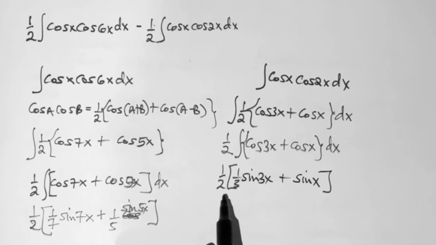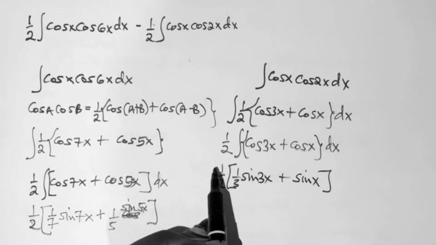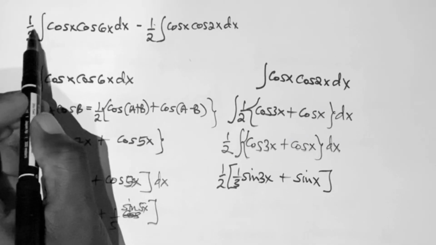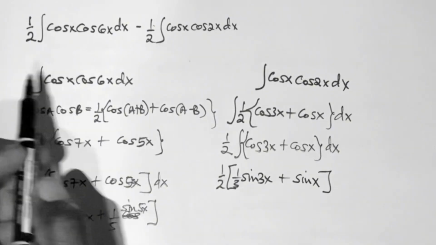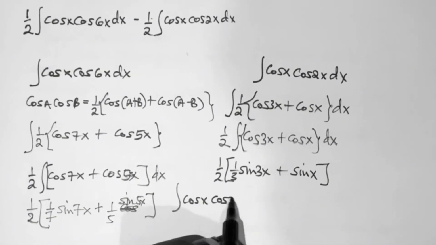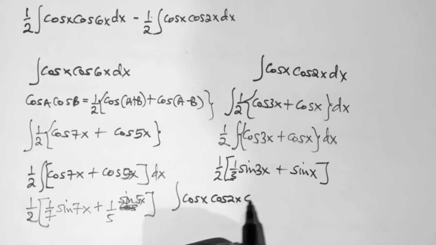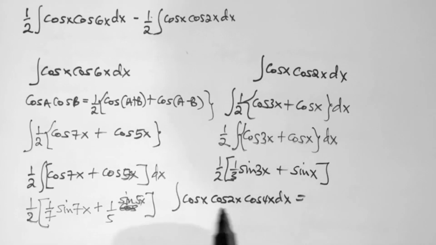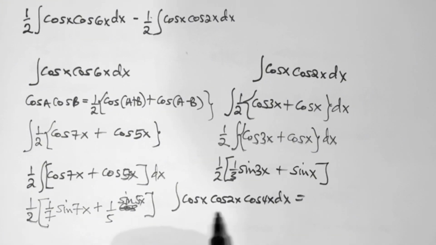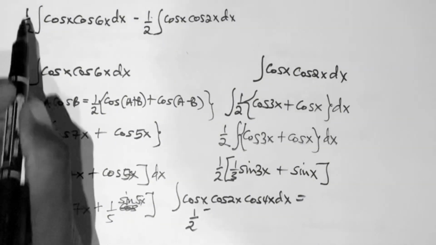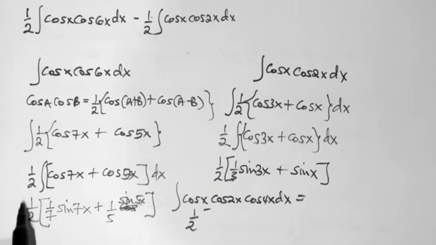You can see that there is a half here and a half here, but there was already a half here. So the integral of cos x cos 2x cos 4x dx is equal to, pulling out the half, the half here multiplies this half, so we get 1 over 4.